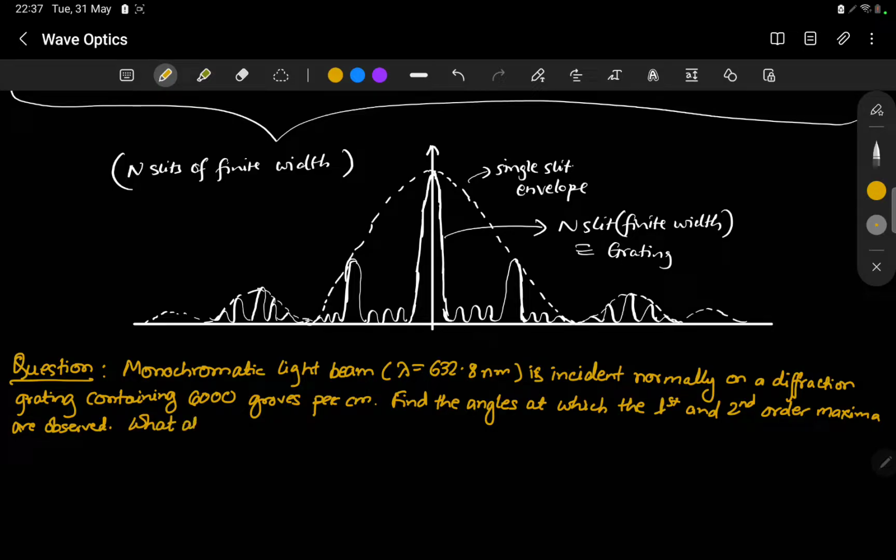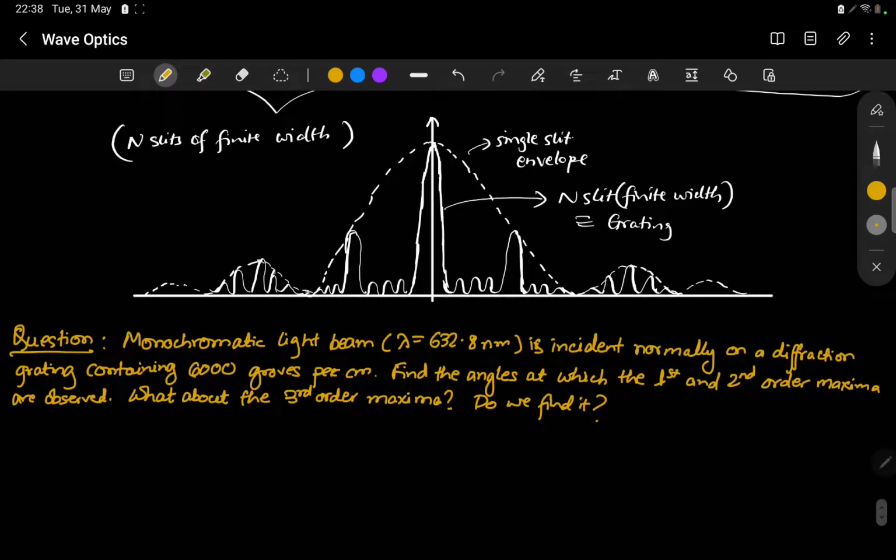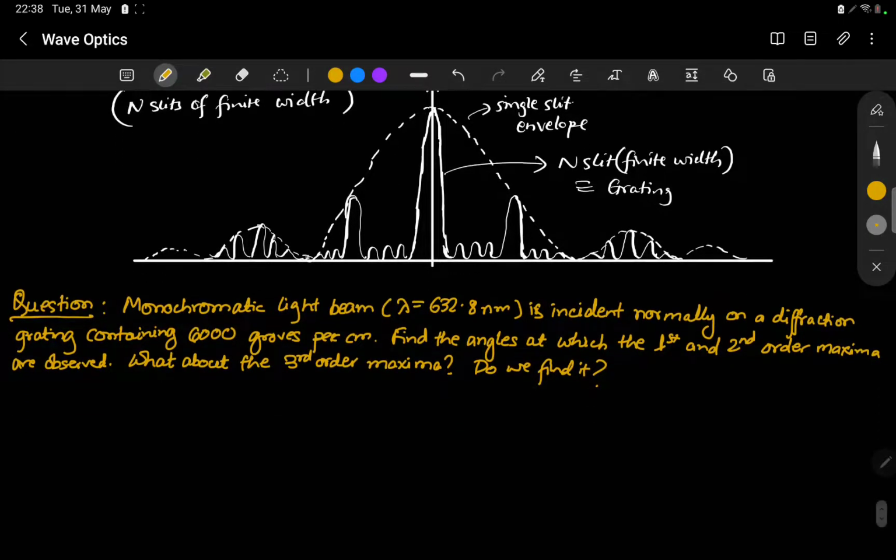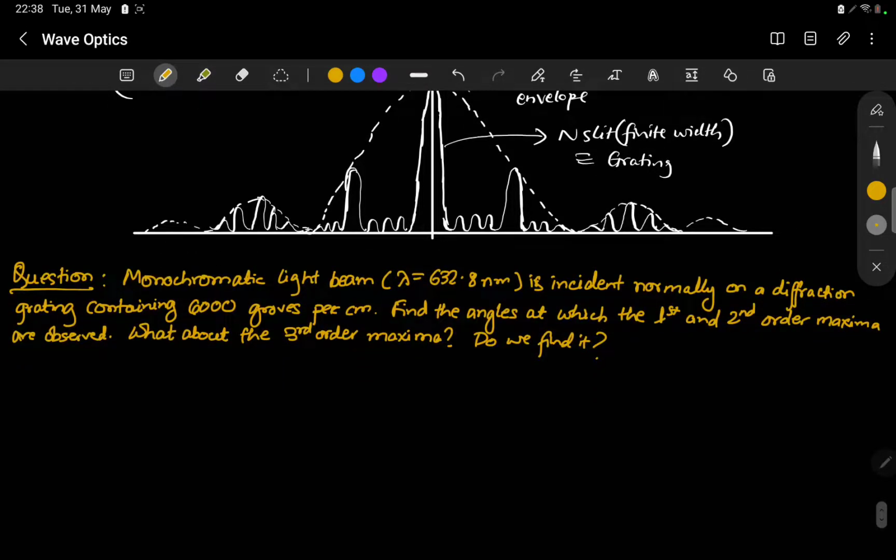What about the third order maxima? Do we find it? So this is our question. We have monochromatic light falling on a diffraction grating which has 6,000 grooves per centimeter, and we want to find out the location of the first, second, and if possible the third maxima. So let us now solve the question.